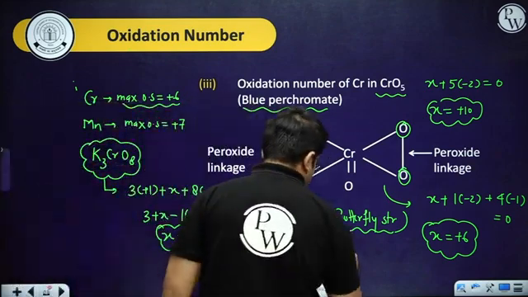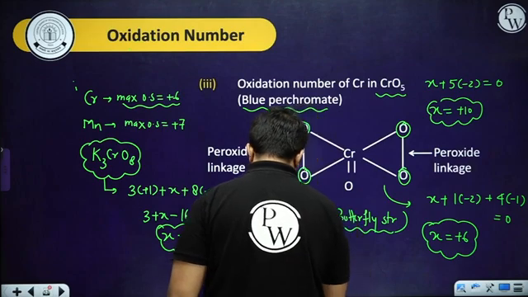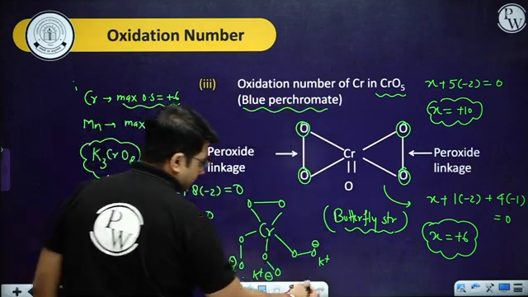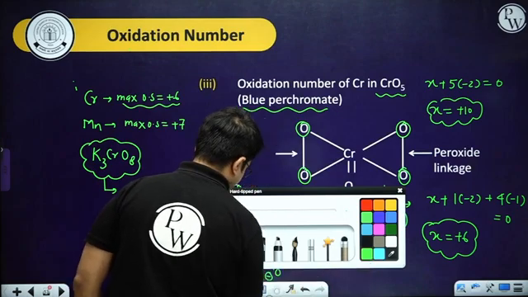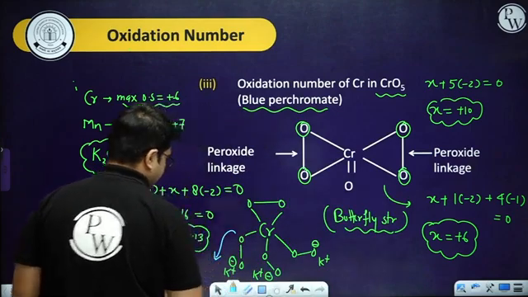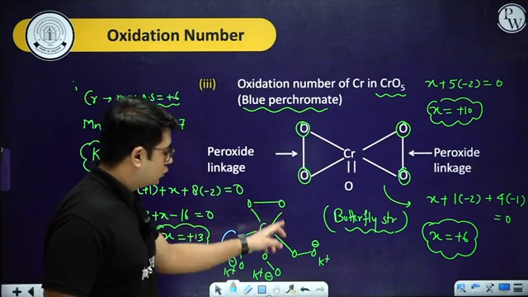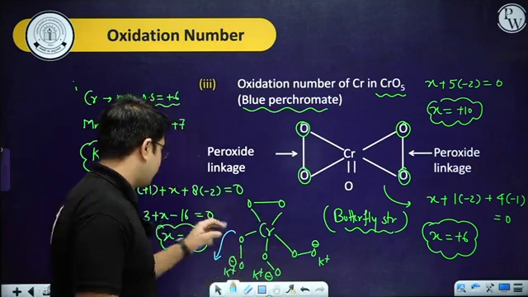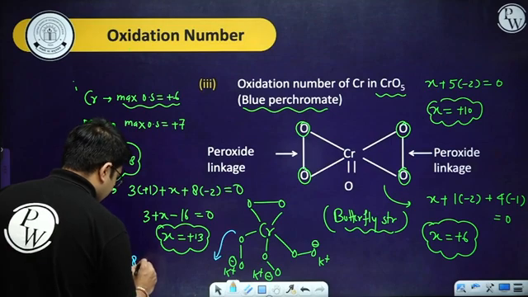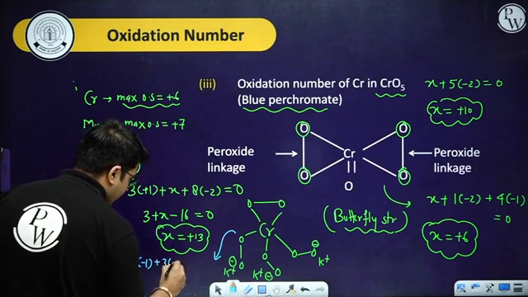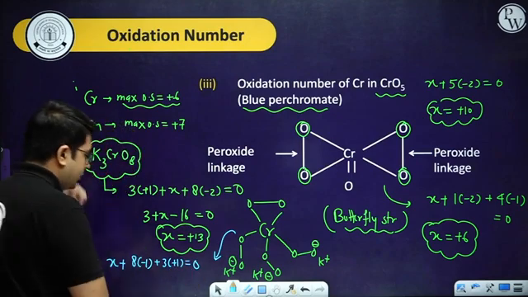So in this particular case, if you want to calculate, chromium is X plus 8 oxygens in peroxy linkage -1 plus 3 multiplied by +1 for potassium, that will be equal to 0.